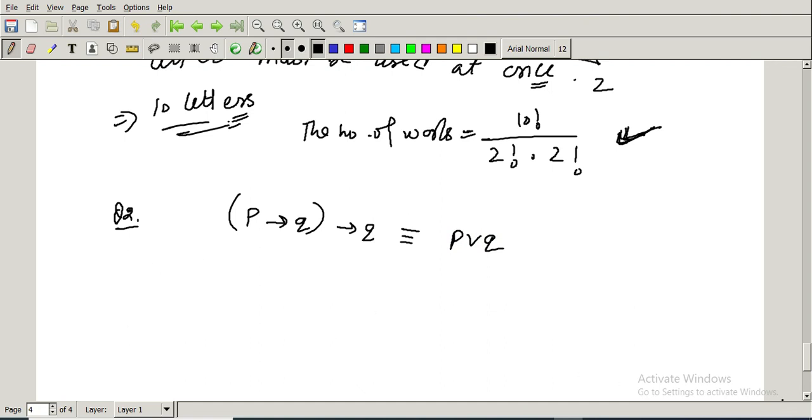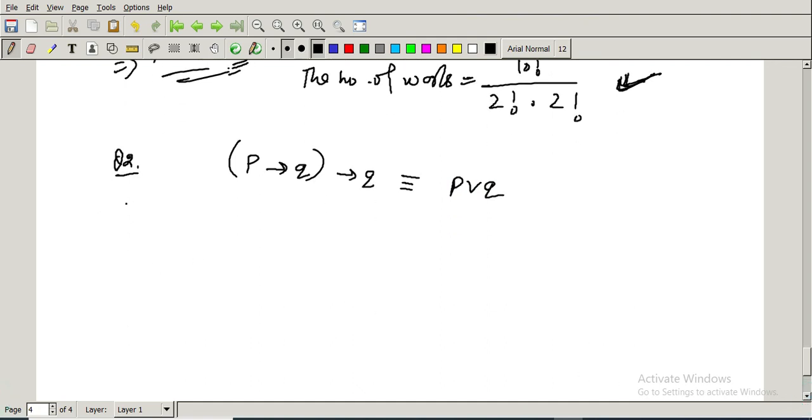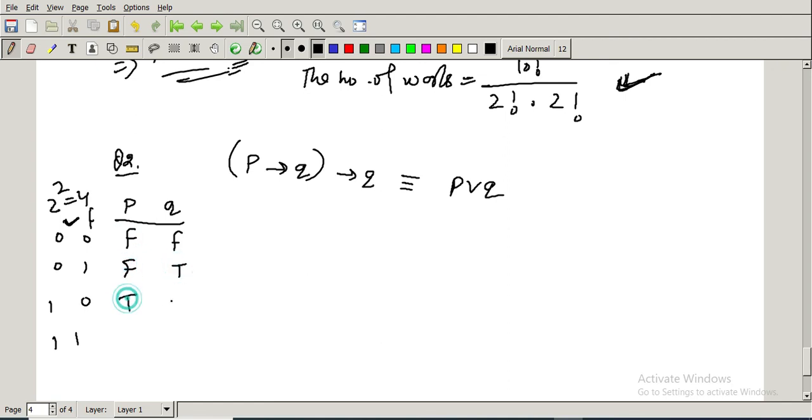Just to remind you, these are the 2 variables, so we have 2 raised to power n, which is 4 combinations: 0 0, 0 1, 1 0 and 1 1, as we discussed in the first question, where 0 is false and 1 is true.